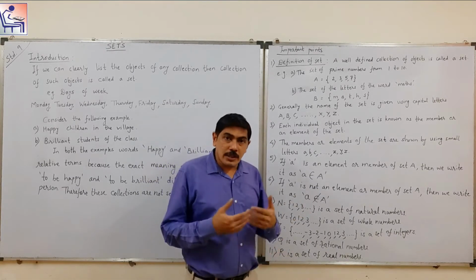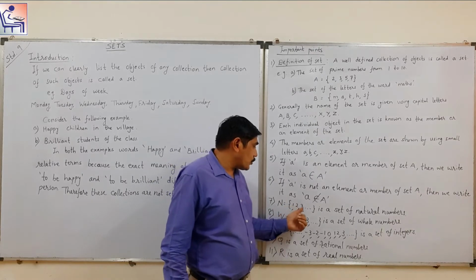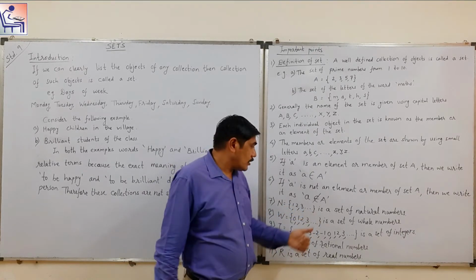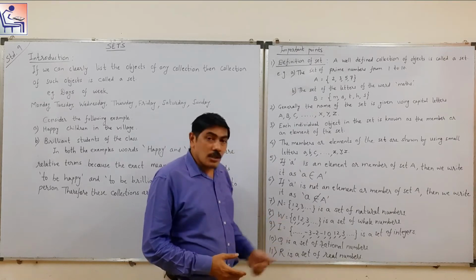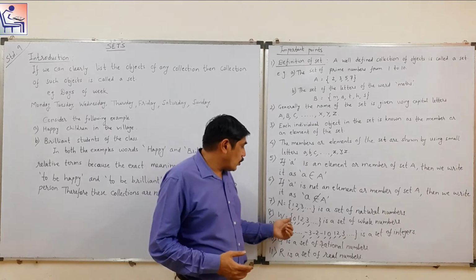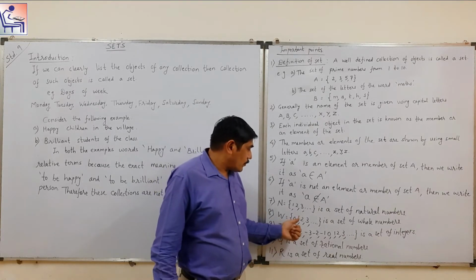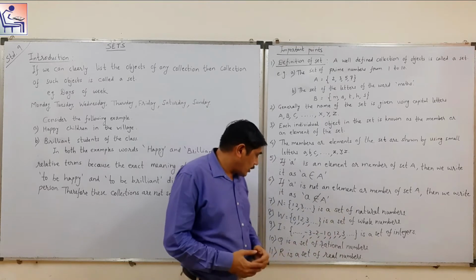Generally we use N for the natural numbers. So N is equal to 1, 2, 3 and so on, a set of natural numbers. Then W, this is what we use for the whole numbers. Whole numbers start from 0, then 1, 2, 3 and so on, a set of whole numbers.